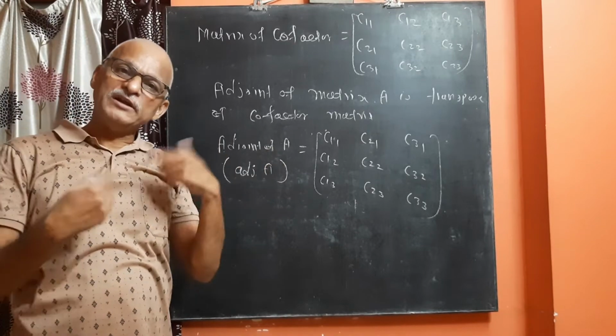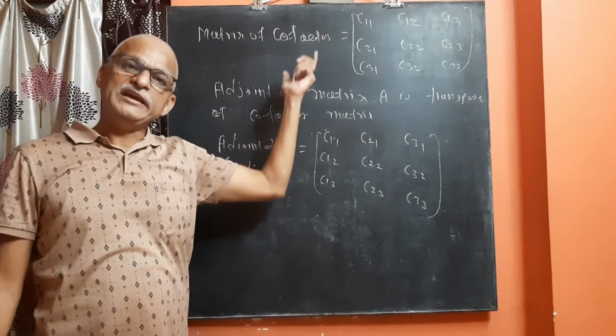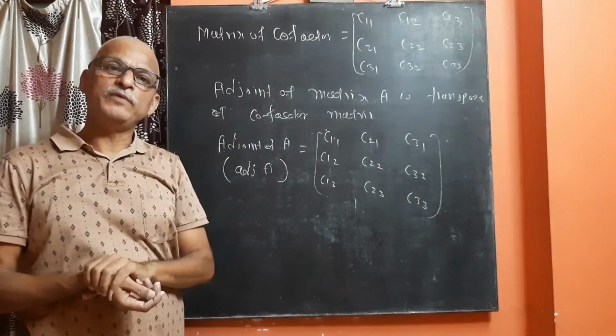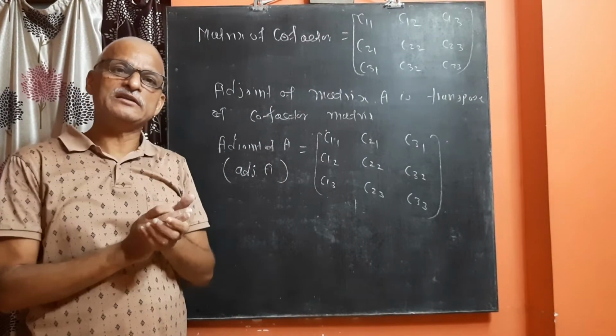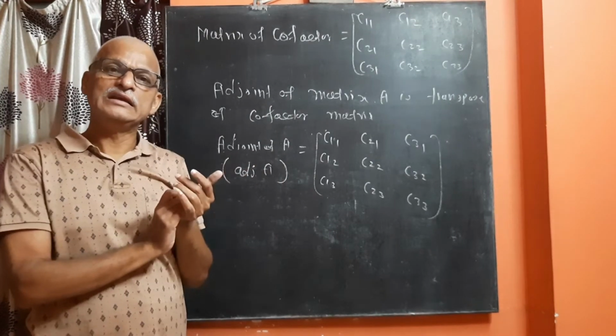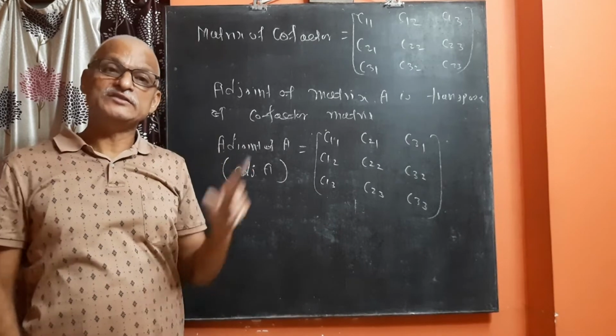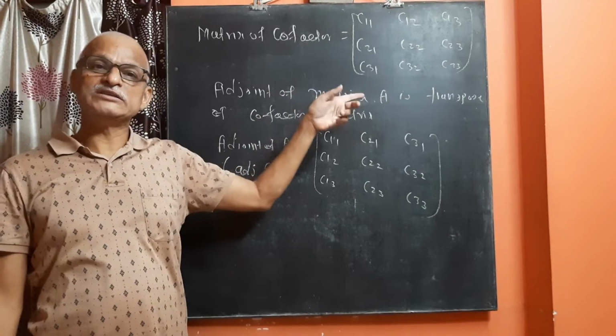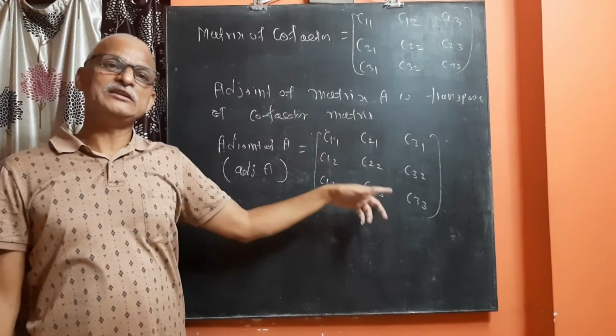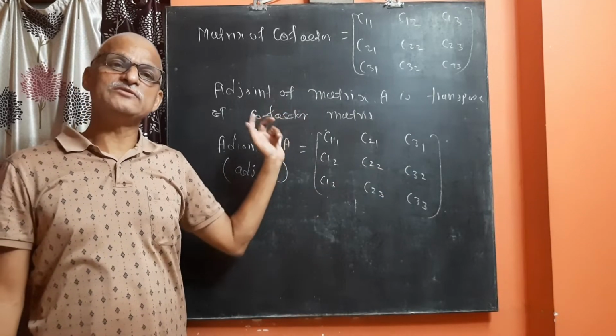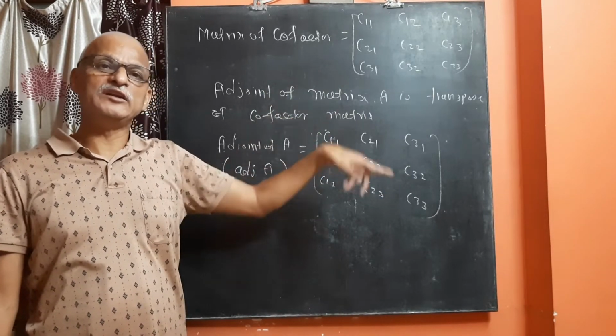In short, I repeat again, whatever matrix A is given, first you have to find the cofactors of each element starting from C11, including the sign. C11 means minus 1 raised to 1 plus 1 into the determinant, up to the last element, C33.